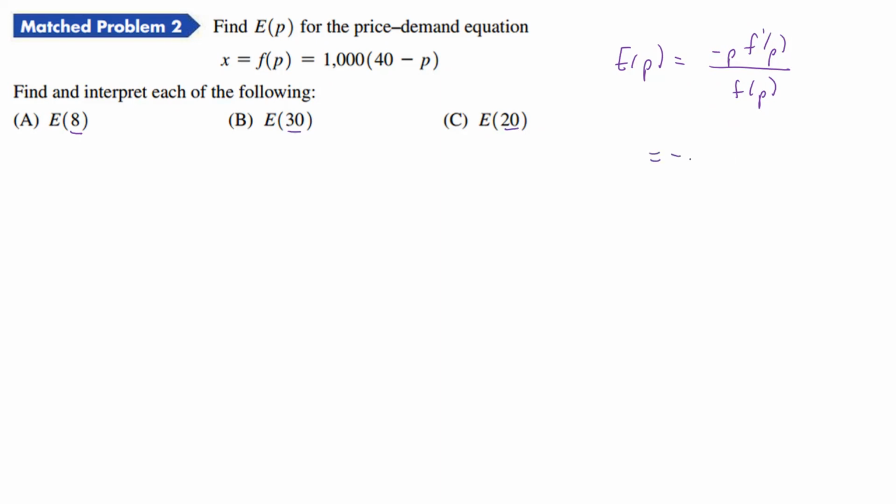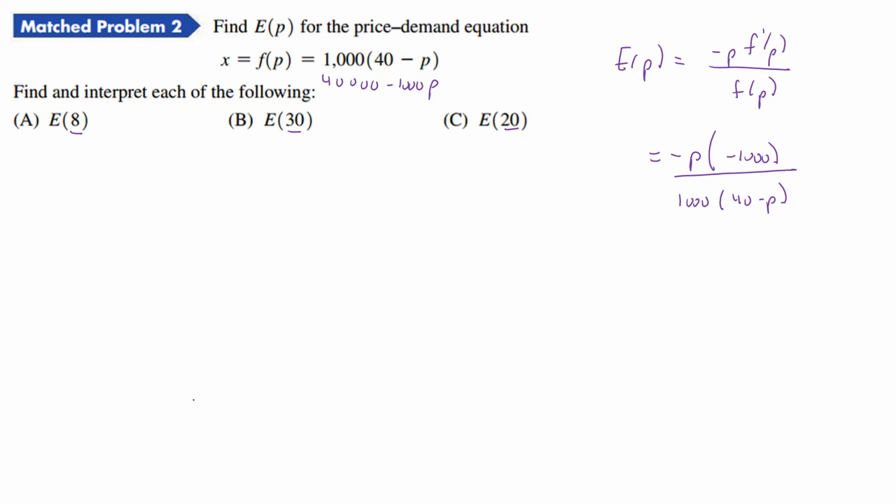So E of P equals what? Well, we're going to have a minus P times the derivative. Sometimes it might be easier to think about this as distributing, so that's going to be 4,000 minus 1,000 P. It might be easier to look at it that way. In any case, the derivative is just minus 1,000, and that's all over 1,000 times 40 minus P. I'm going to leave it like that because then I can see the 1,000s cancel.